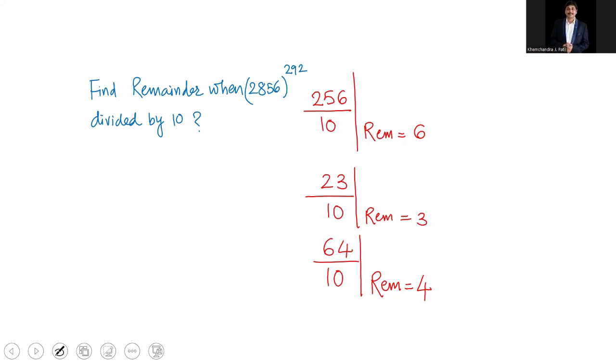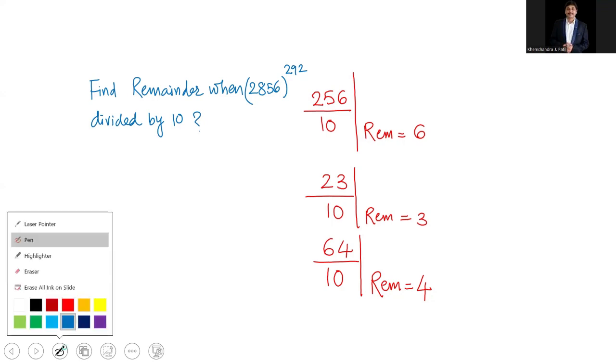Within 5 seconds, you will get the answer. I am very sure. Within 5 seconds. Come on, come on, come on. Don't disappoint me. Yes, very good, Rishabh. Absolutely correct.